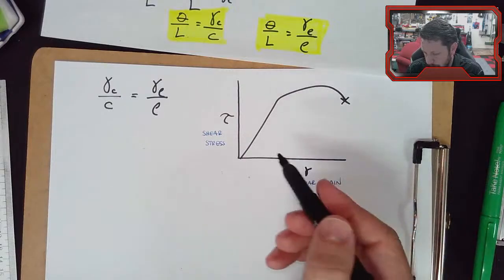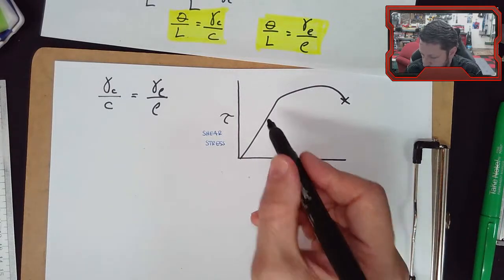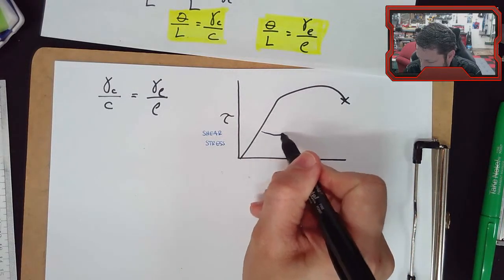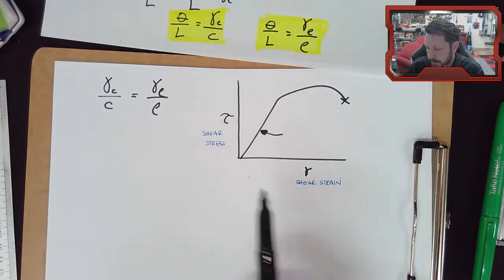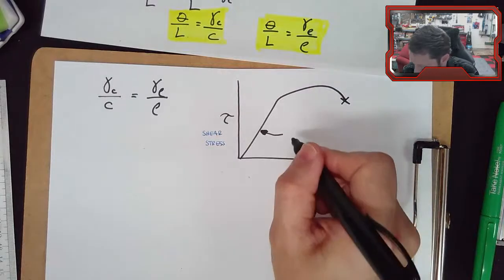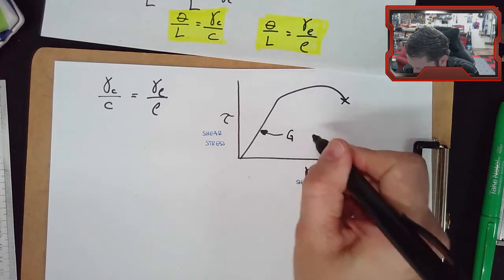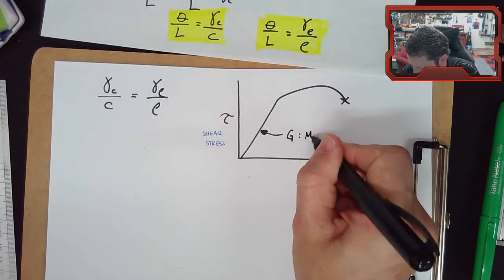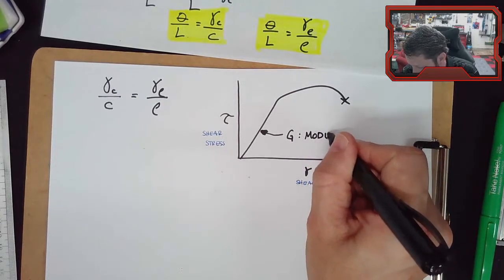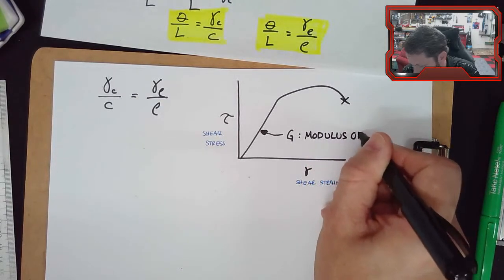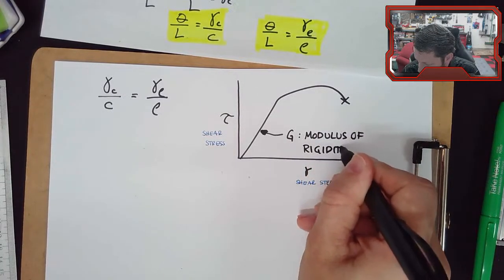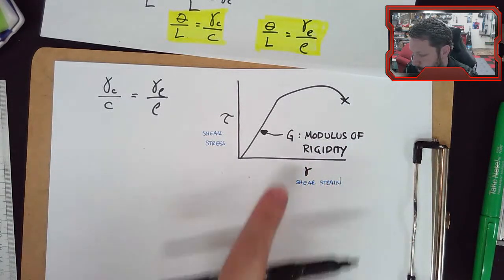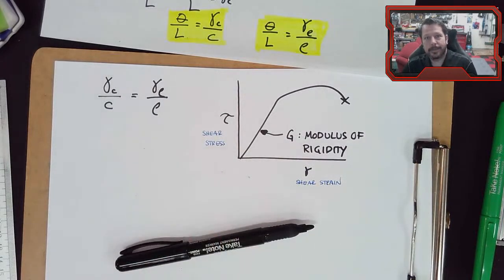And remember from the stress strain plot, we called the slope of this line E, the modulus of elasticity. Well, you have a similar thing, except we're going to call it G, the modulus of rigidity. So G is the same kind of thing that E is.